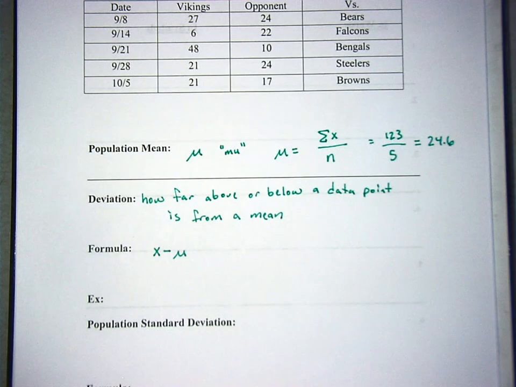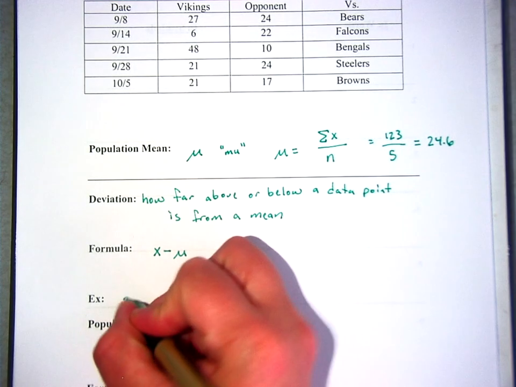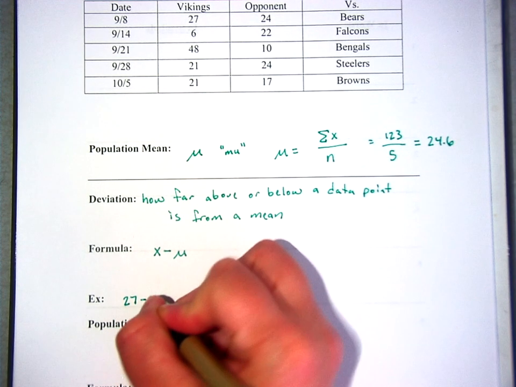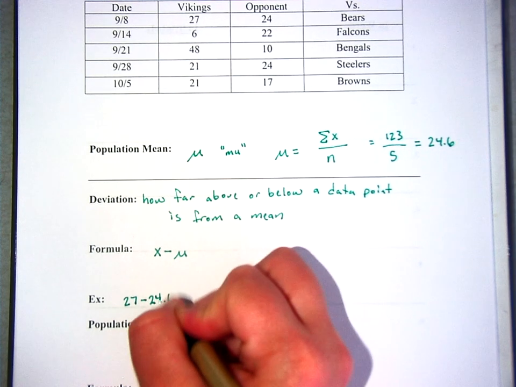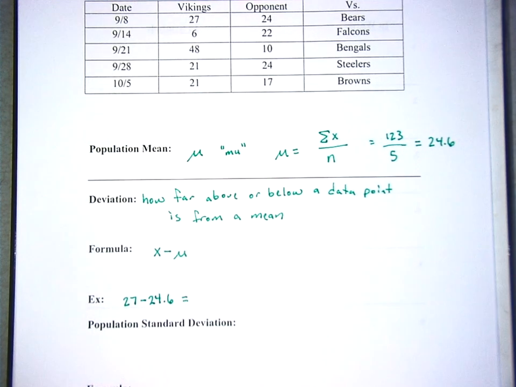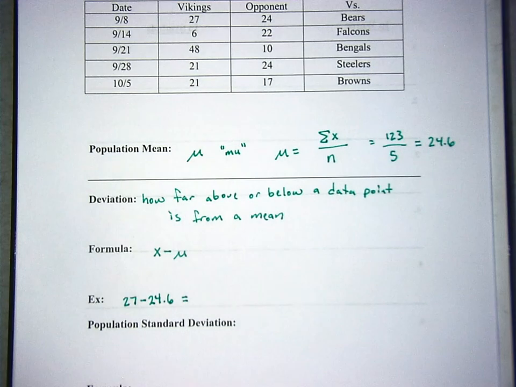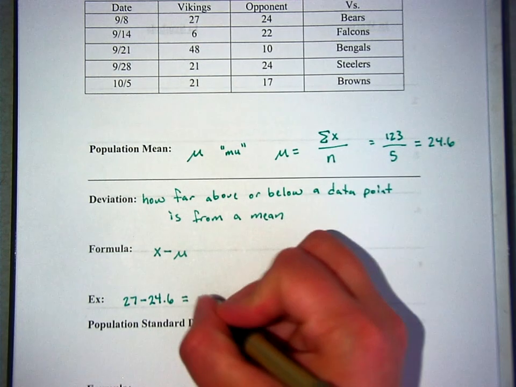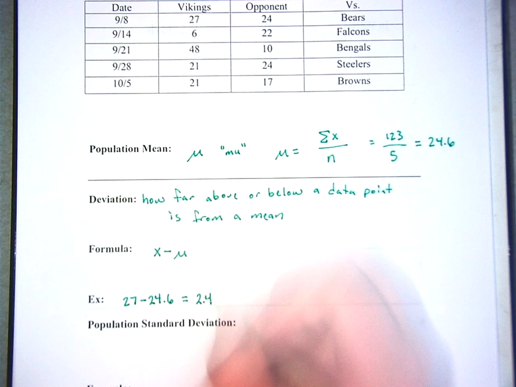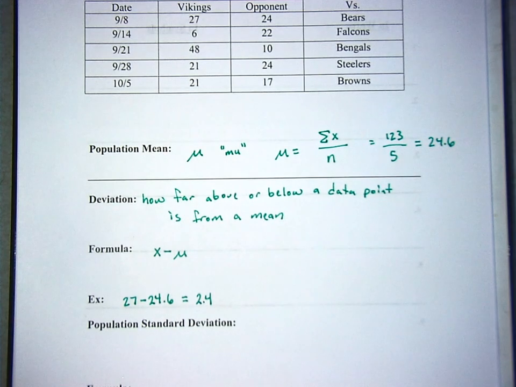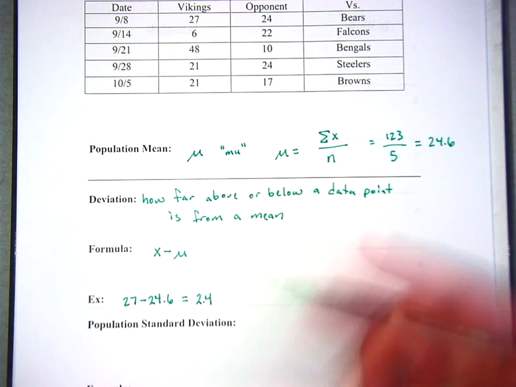So, for example, on their first game, their deviation would be 27 minus 24.6, which is what? 2.4, positive 2.4. That means that they scored about 2.4 points better than their average on their first game.